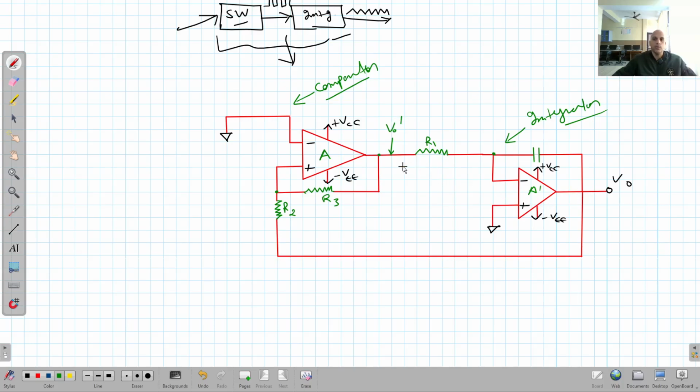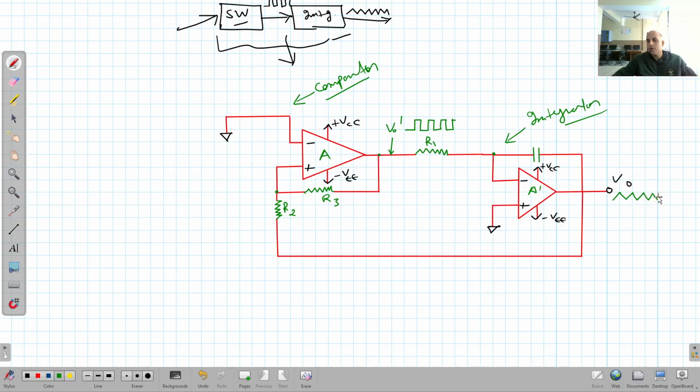Let this be V output dash, and this is V output. Whatever output I will get here, I will get either plus V saturation or minus V saturation. That is the square wave of a comparator. We have seen this output in the case of a comparator. And what will be the output here? The output here will be a triangular wave.